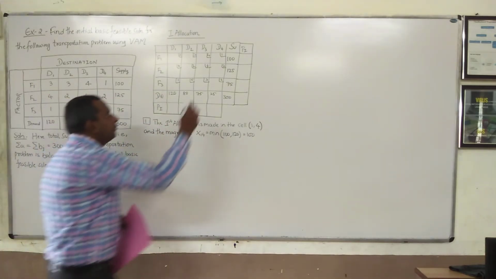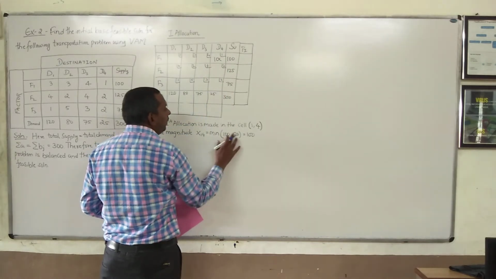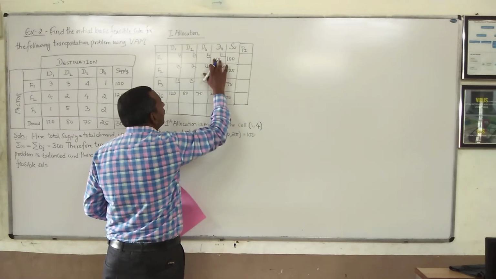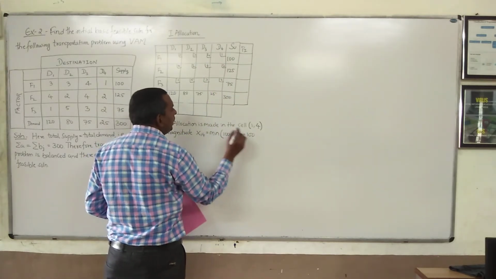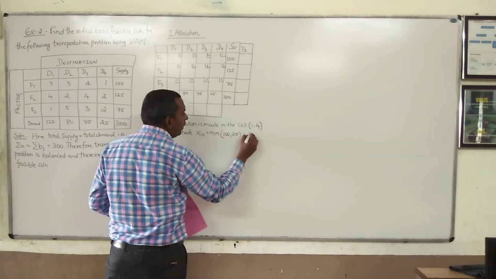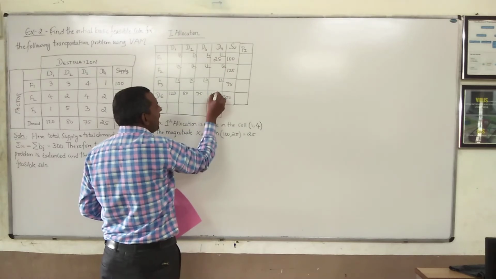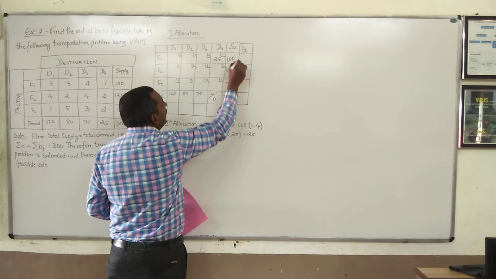Sorry, it is 100 and 25 here, in that same row and that same column. So the answer is 25. Let me write 25. Subtract, so 100 minus 25 is 75.